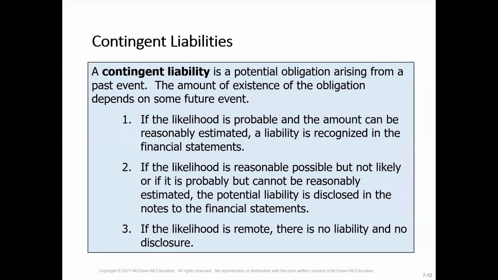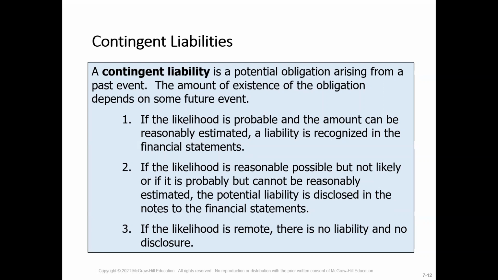So the company might have, and maybe we're talking Herrera Supply Company again, I'll say they got sued by a customer for some defective goods. We don't know yet what the outcome is going to be because we haven't gone to court. So it depends upon the likelihood of that future event.